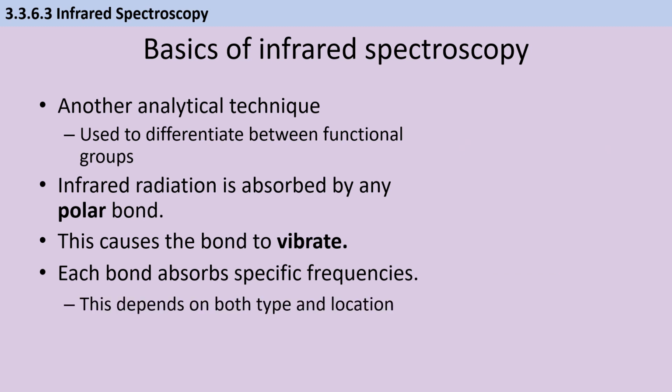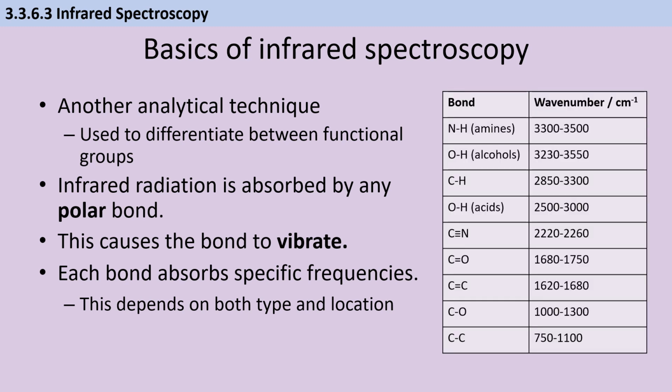The frequency of the infrared absorbed is not just dependent on the atoms that are in that bond, it's also dependent on where that group of atoms is in the rest of the molecule. So this is an abbreviated bit of the data sheet, and you'll see here that we have values for an OH bond in alcohols and also an OH bond in carboxylic acids.